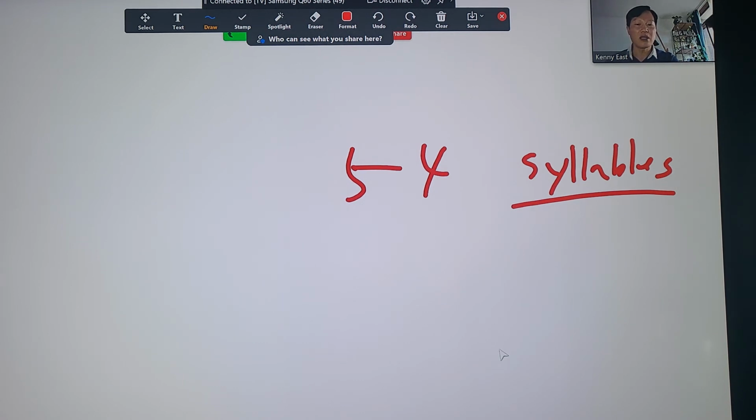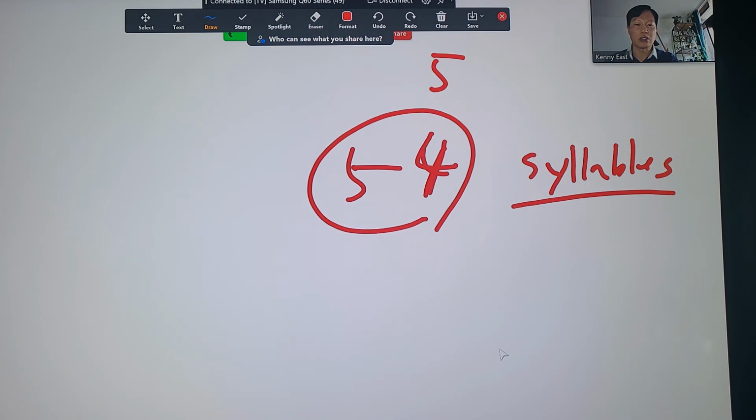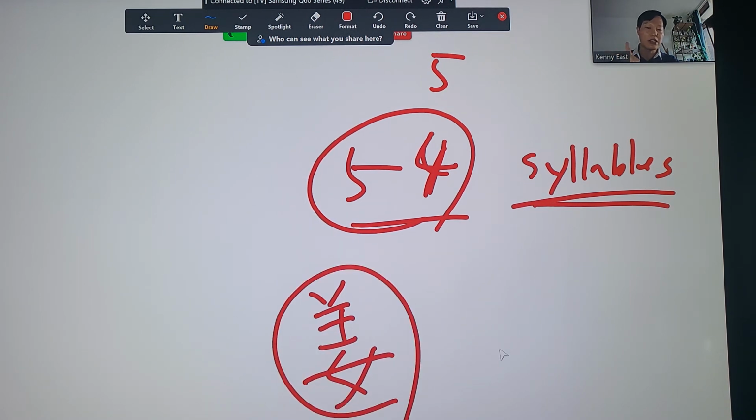They created 54, originally 55. So Japanese is a 54-syllable-based language, so I think the sounds they can mimic when learning foreign languages are limited. Chinese, my Chinese name for example, my surname is like this. Each Chinese letter has its own meaning and its own sound. Chinese also has no consonant-vowel concept.